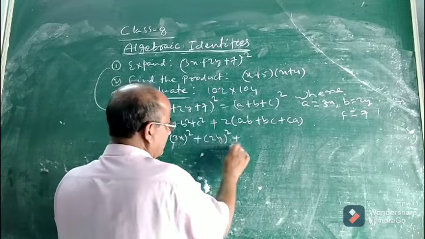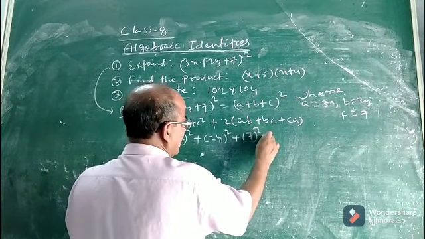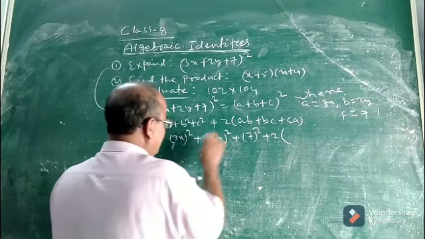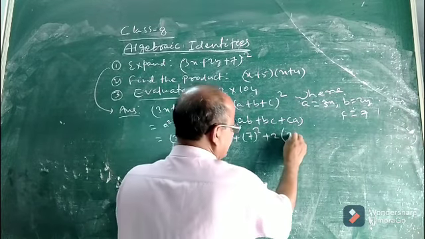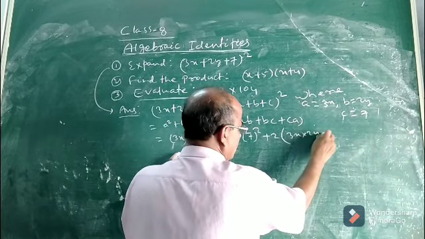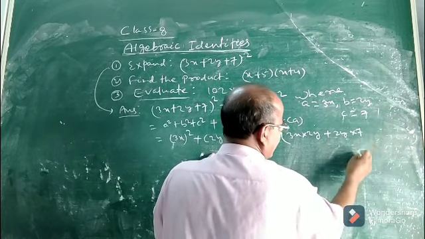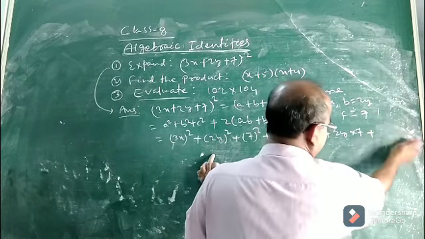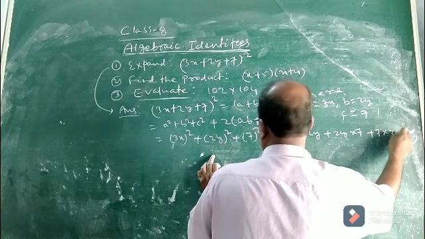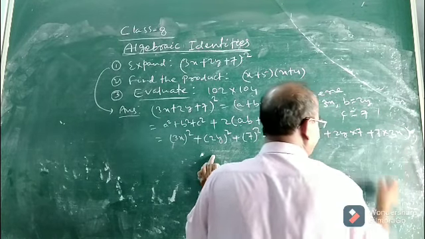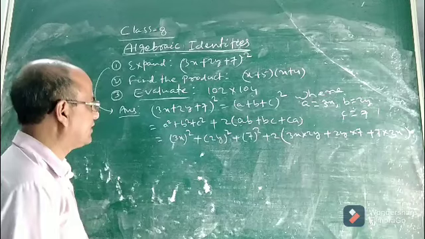In place of c, it will be 7 square, plus 2 into (ab), and ab means a into b, it is 3x into 2y, plus bc, meaning 2y into 7, plus ca, meaning 7 into 3x.